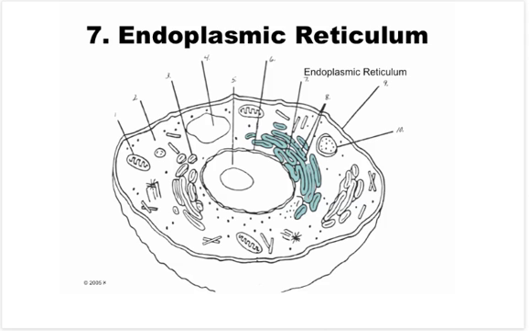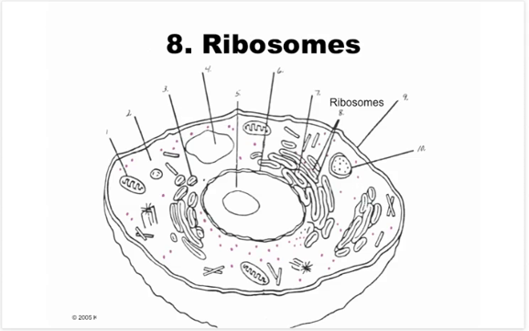And number 8 are the ribosomes, all the pink dots. And there are a few pink dots on the actual endoplasmic reticula itself, right in here.